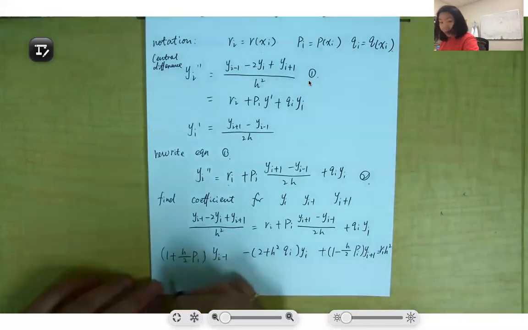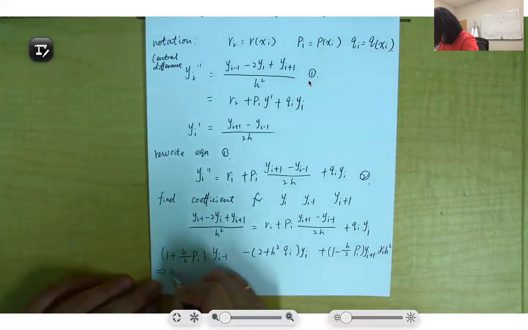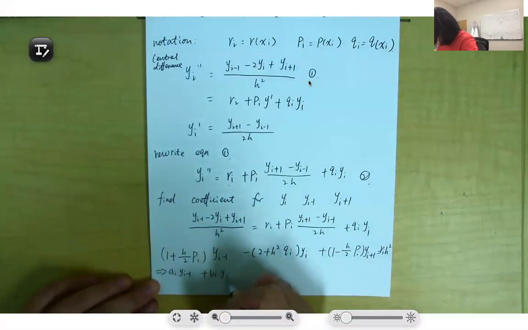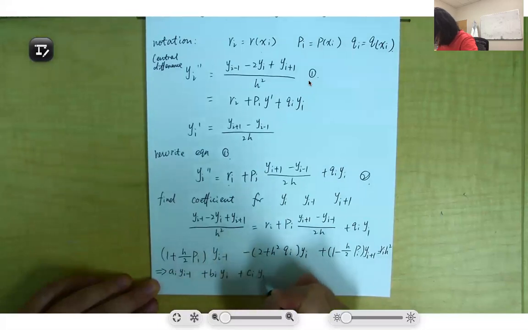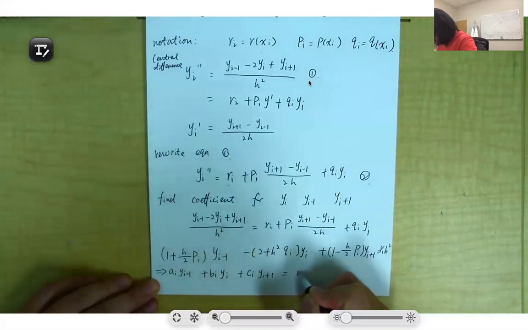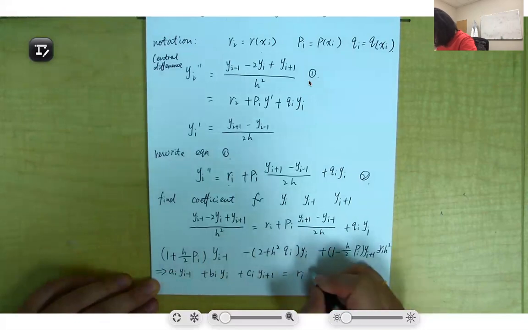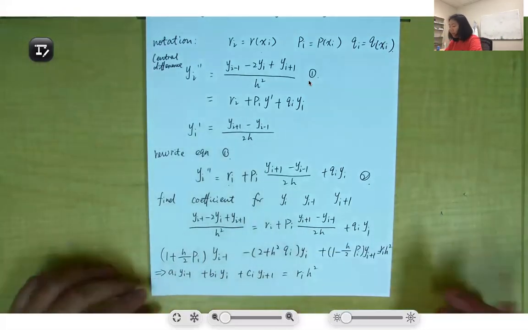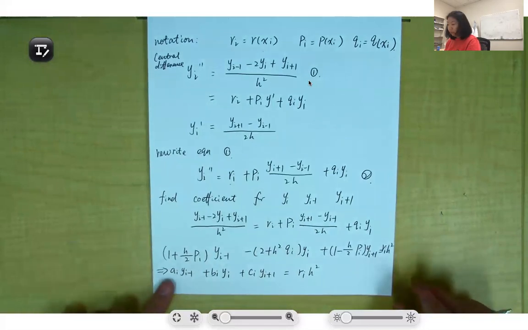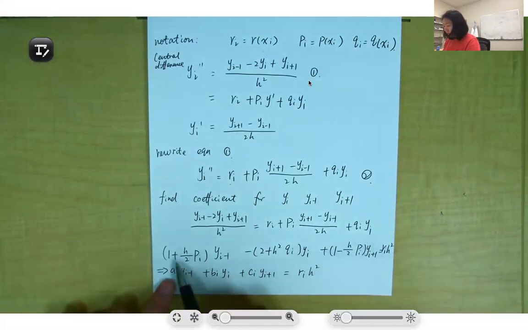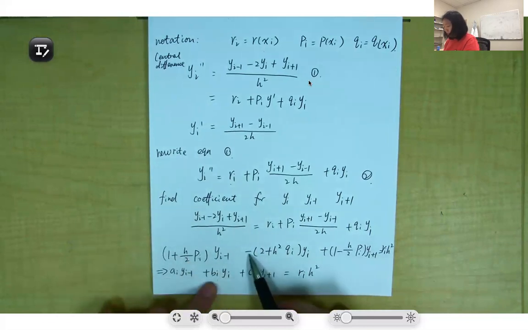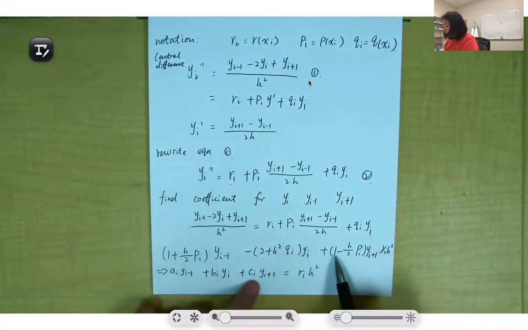And you can also write this as ai yi minus 1 plus bi yi plus ci yi plus 1 equals the forcing function ri times h squared, right? Where ai will be 1 plus h over 2 pi, bi will be negative (2 plus h squared qi), ci will be 1 minus h over 2 pi, right?